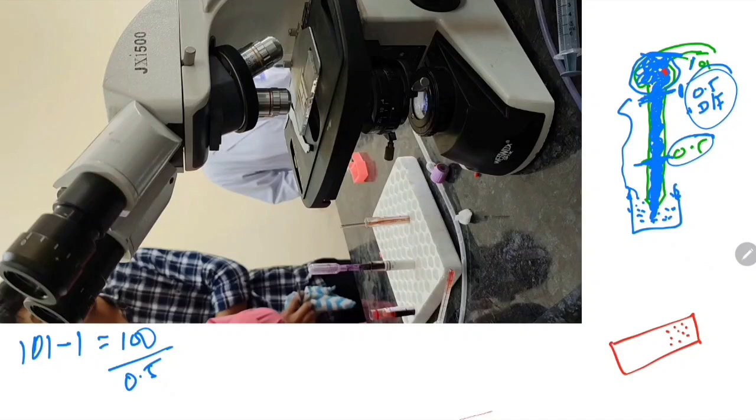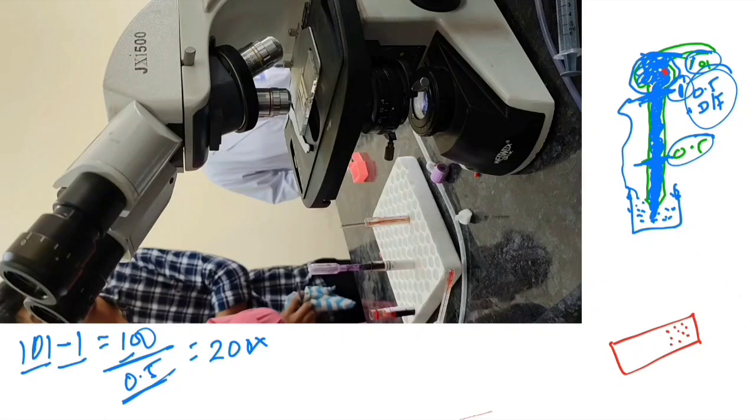So the initial volume of blood is 0.5 and the final volume is 101 minus 1, because this is the 101 and minus 1 is the stem part. So the final volume will be 100, and out of that 100 we have only 0.5 blood and the rest is fluid. So the dilution factor, if we want to calculate, is the final volume divided by the initial volume, so it will be 200 times. Clear?